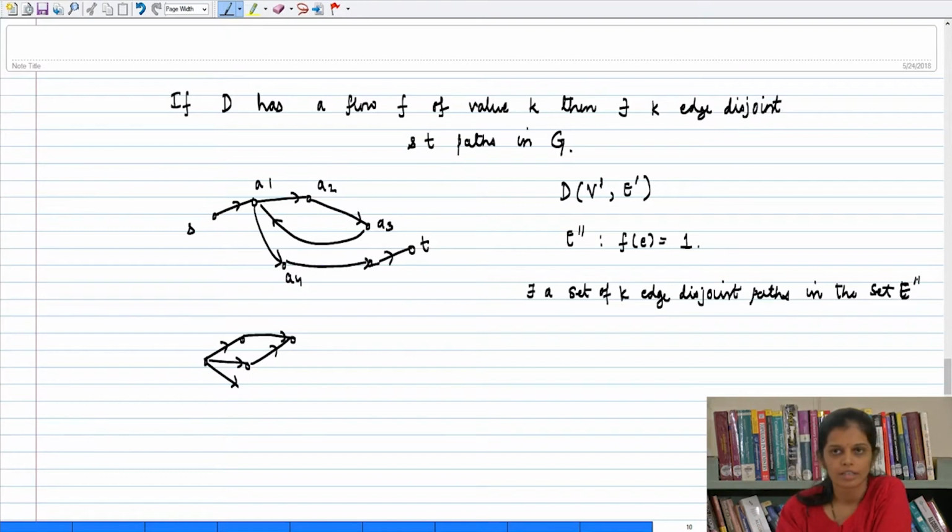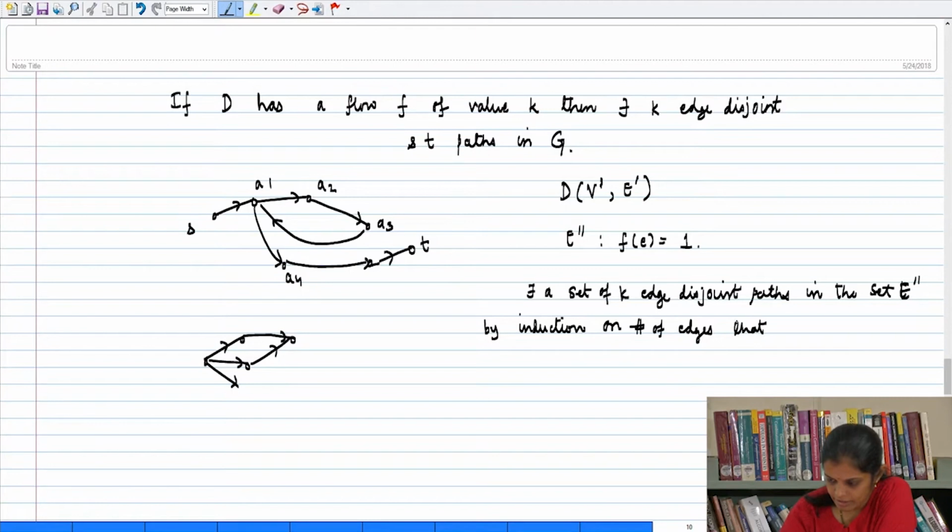Okay. So what we will do is we will do an induction on the number of edges that carry unit flow in this set E double prime, right? So we are going to prove this by induction on the number of edges that carry unit flow.